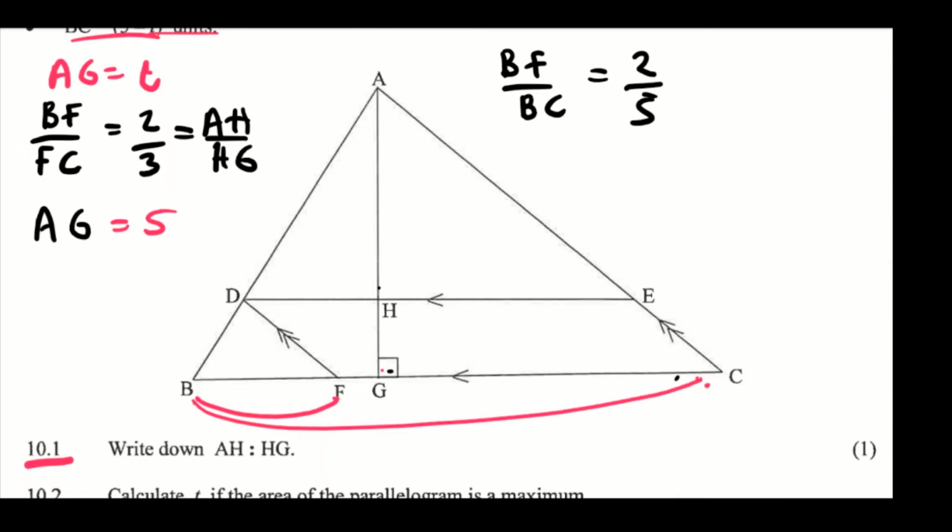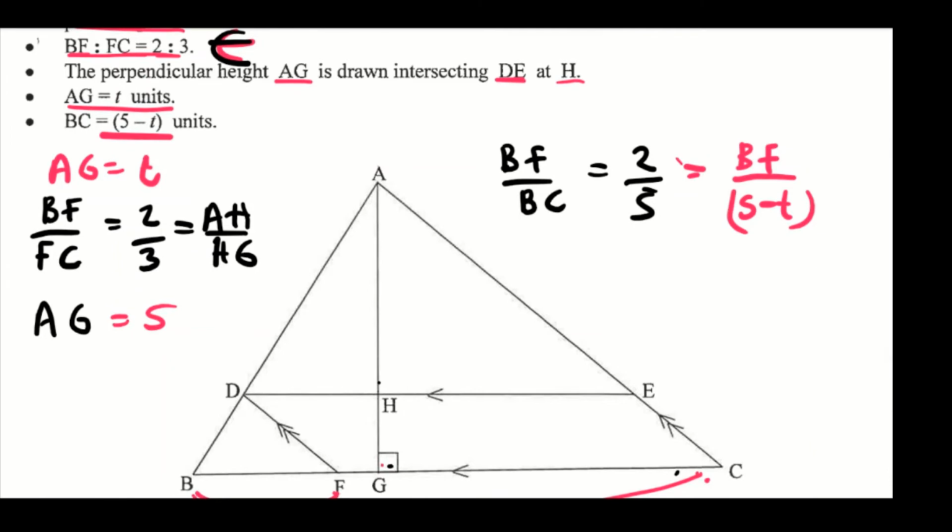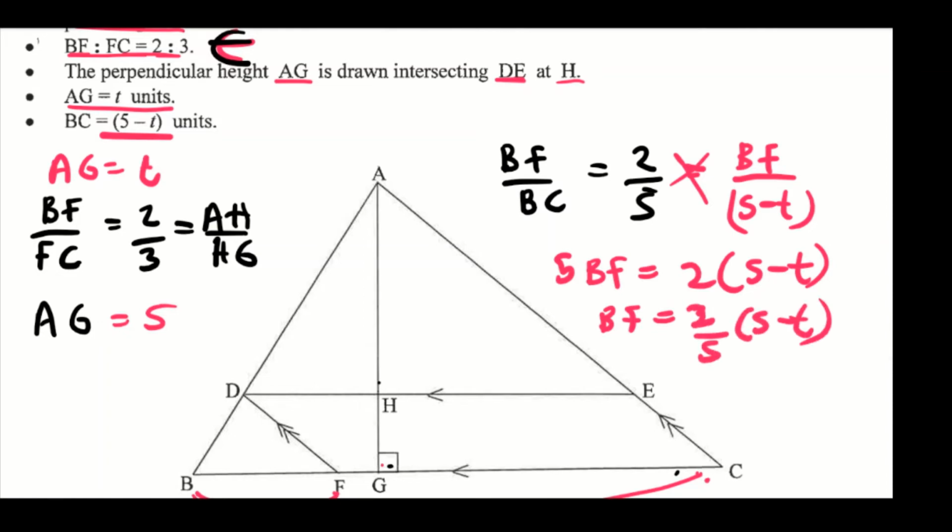It's also equal to, so BF, we don't know the actual value, but BC we're given in this problem. So we're given that BC is equal to 5 minus t. So divide by 5 minus t like this, and then we cross multiply to find BF. So 5 BF is equal to 2 into 5 minus t.